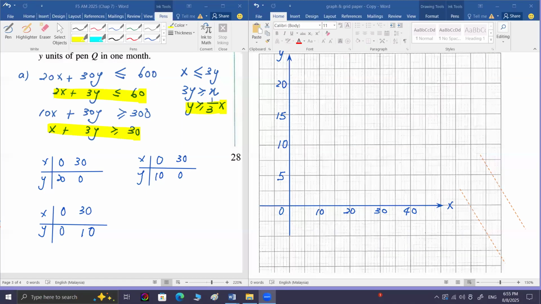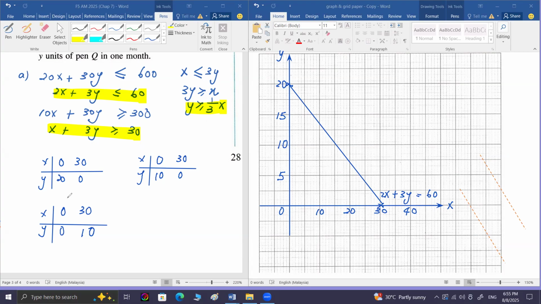Okay, done drawing, yeah? I'm checking. Any of you still drawing? Most students have done. Okay, checking. This one: 0, 20, and 30, 0. Okay, we got the first one, label 2x plus 3y equal to 60, the first one.